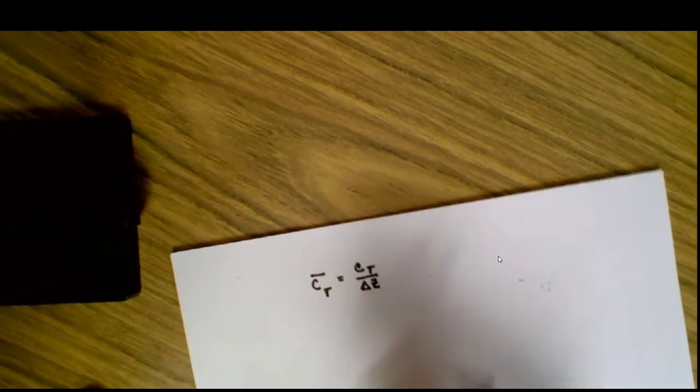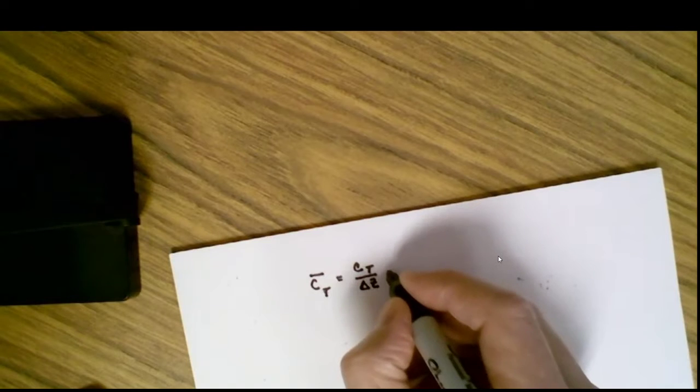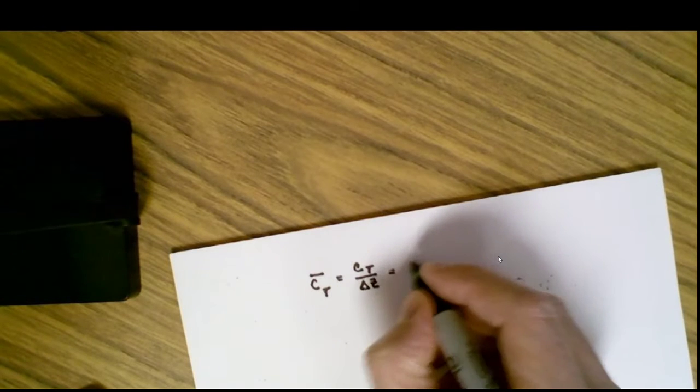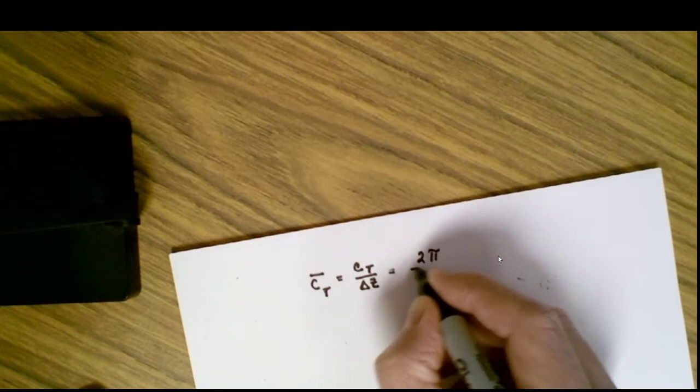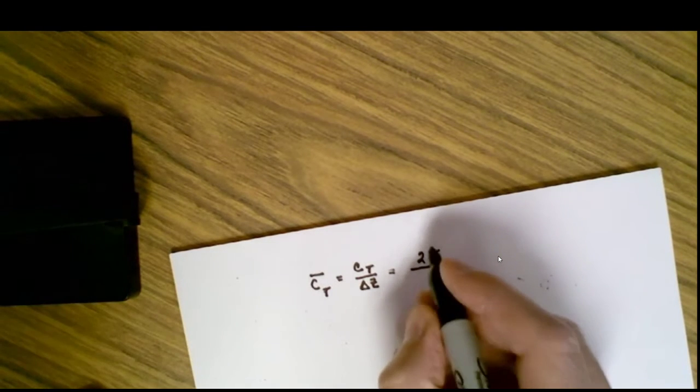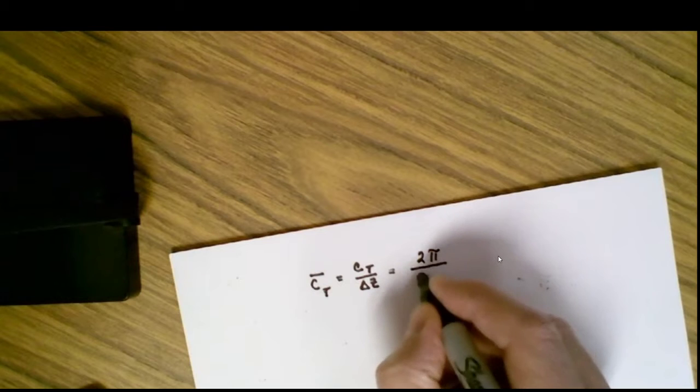Let us write out what d is, because now our capacitance per unit length is going to be equal to 2 pi. Delta z has been removed, divided by script d.